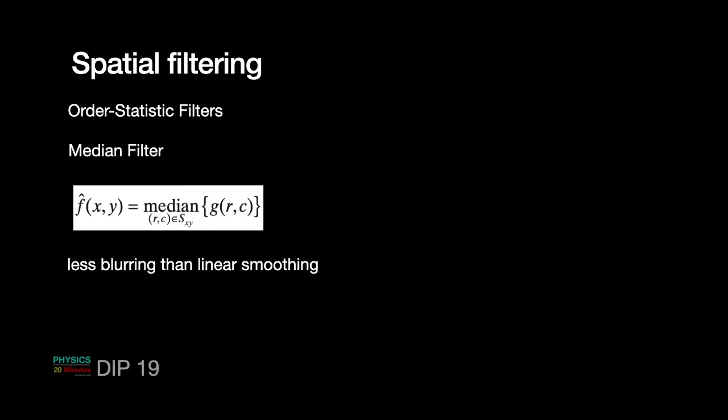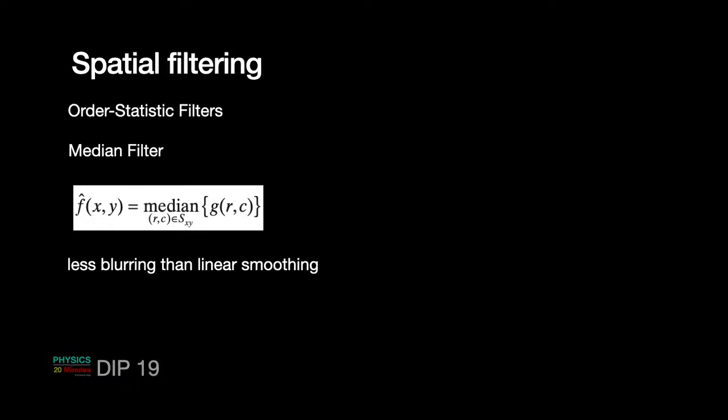They also remove both salt and pepper noise because, by definition, salt and pepper noise are at the extremes, either bright, with a very high pixel value, or dark, with a very low pixel value.